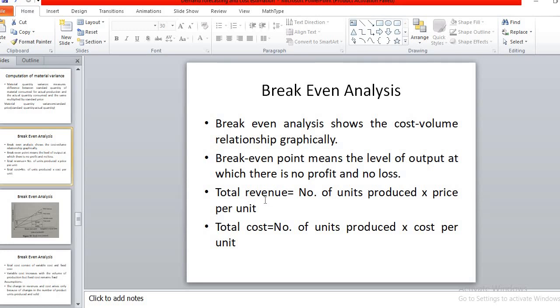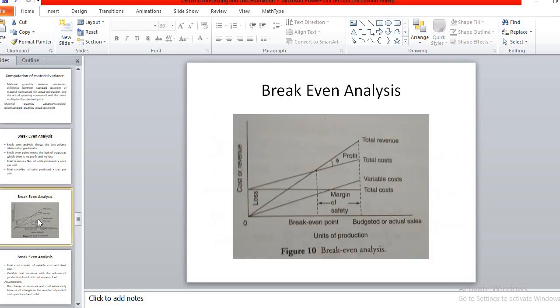Now we go through this diagram. This graph is plotted with cost or revenue on the y-axis, and budgeted or actual sales on the x-axis.